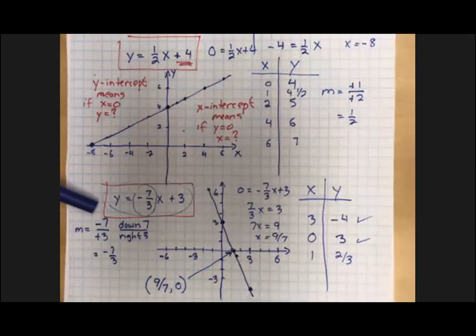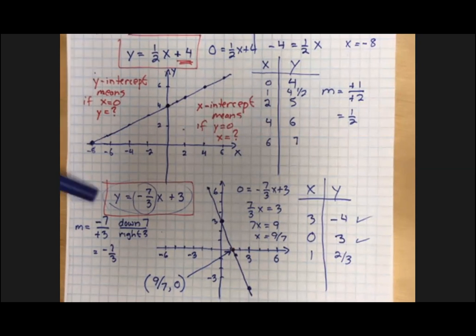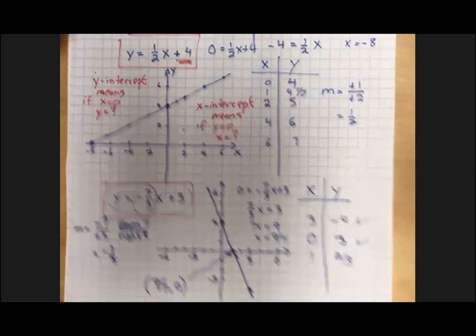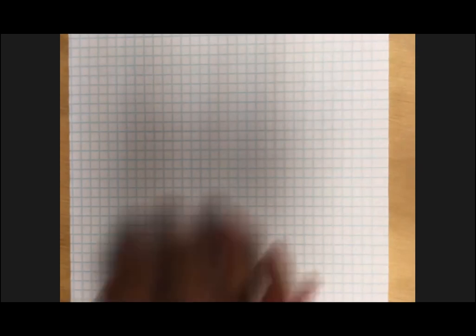So if I give you equations, you can draw lines. Now, how would we do it backwards? If I gave you a line picture, how would you find the equation?